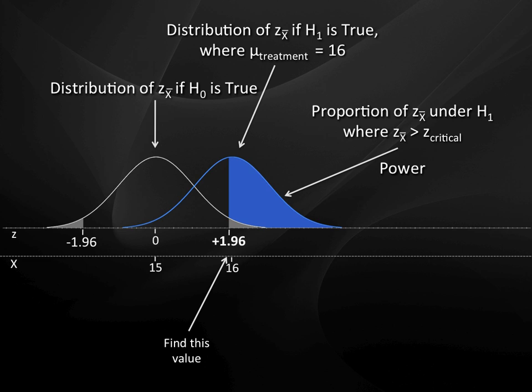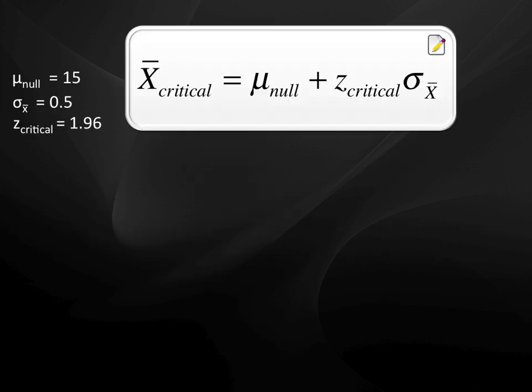Now it should make sense, we're going to use that z-score to X formula, but I've changed it around a little bit with subscripts to make sure we know what we're finding. Again, what we're looking for is the critical sample mean. The sample mean that if we get one above it would lead us to reject the null hypothesis.